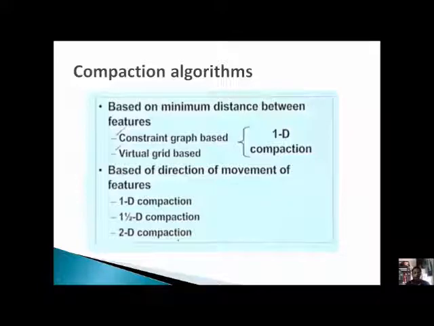It is easy in 1D compaction. In 2D compaction, it is very difficult to do in two directions. We will reduce the space and thereby improve the chip layout.